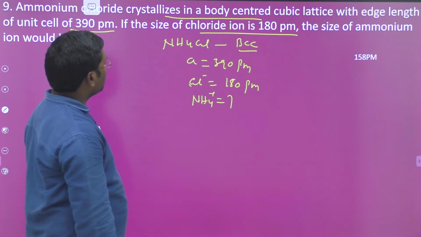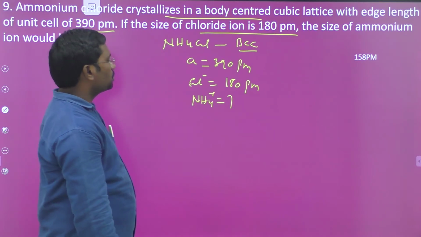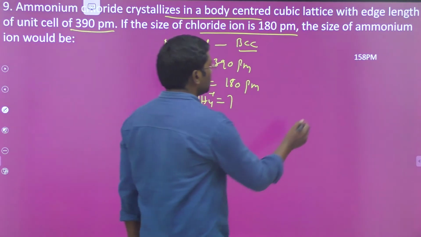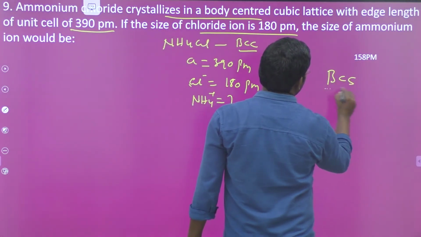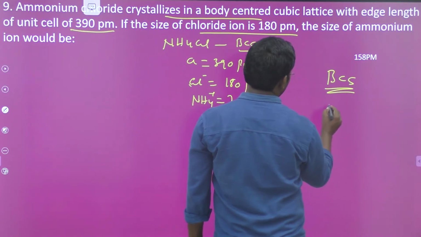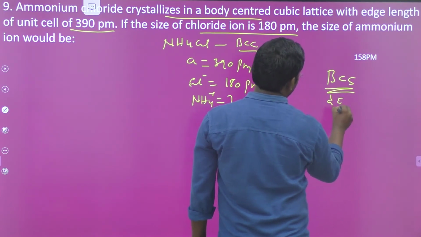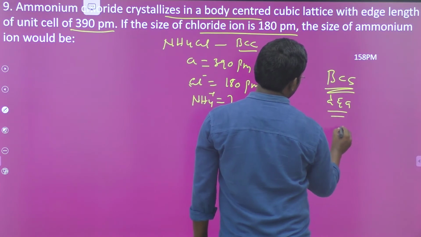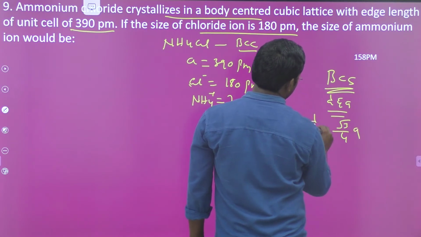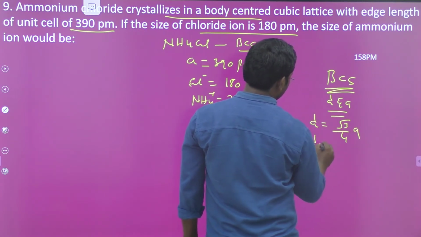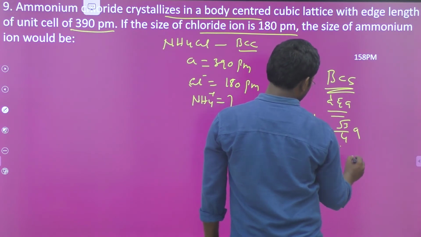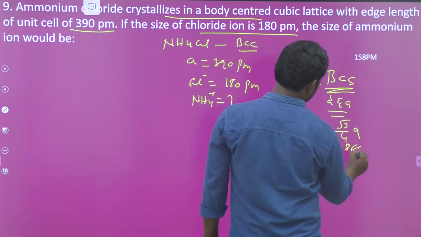So in the relation between D and A, in BCC structure, D means the nearest neighboring distance. In the relation between D and A, D is equal to root 3 by 4 A, that means D is equal to 0.866A.